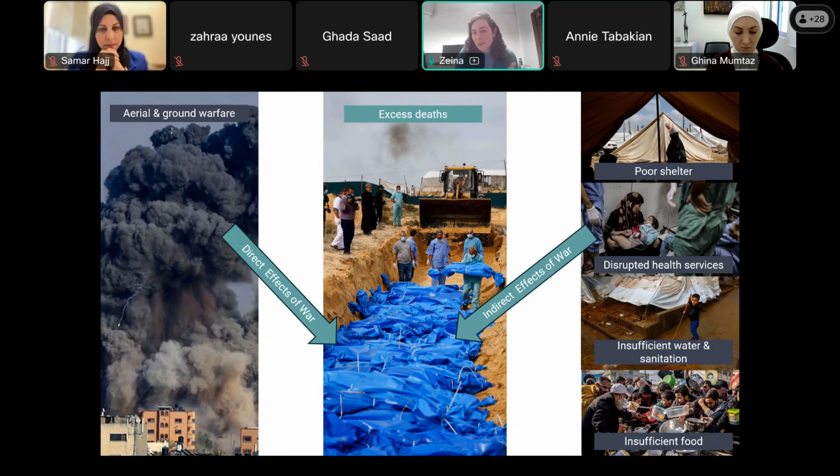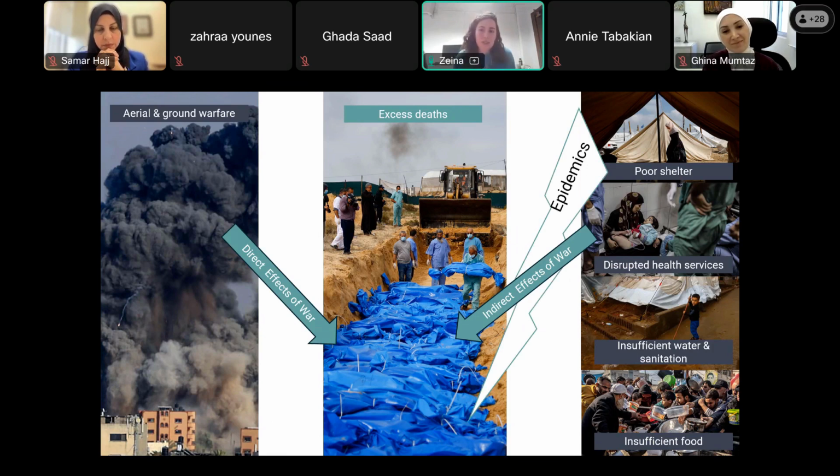The big one that maybe Ghana can discuss even further is epidemics, which could lead to extremely high excess mortality from infectious diseases if a cholera outbreak happens, or if vaccination goes down a lot. So we modeled in case of an epidemic with and without.